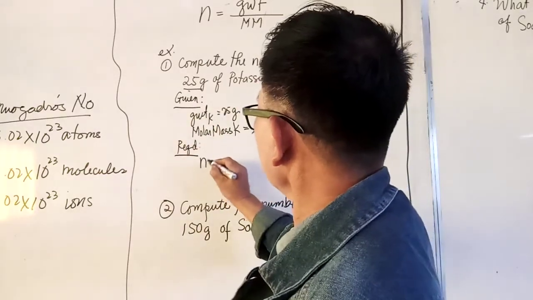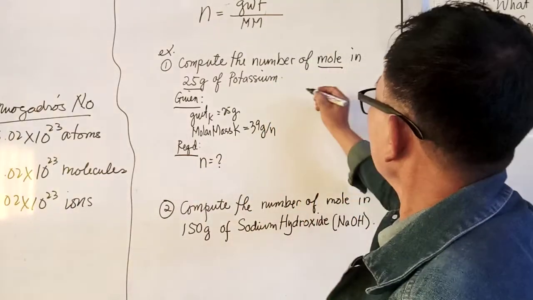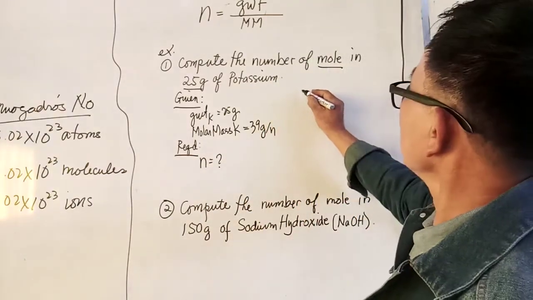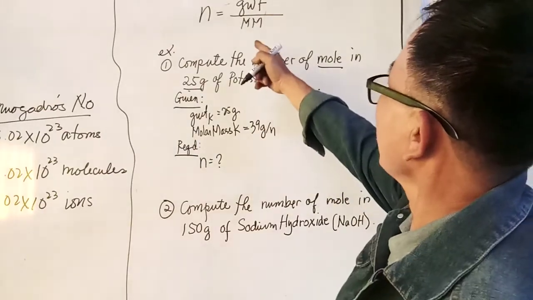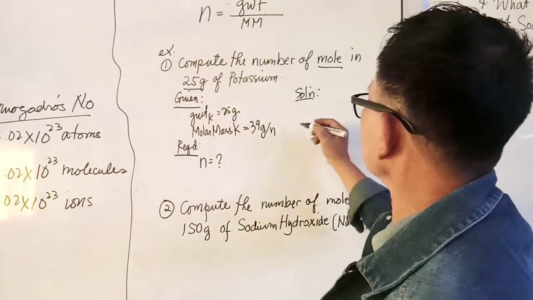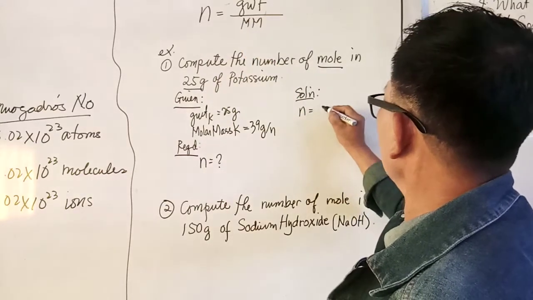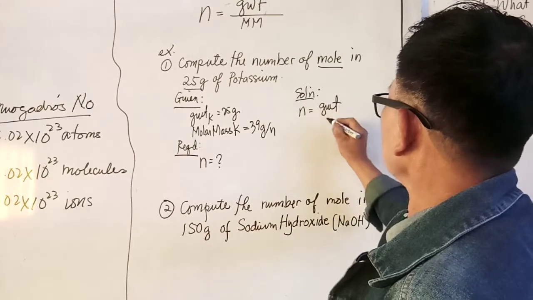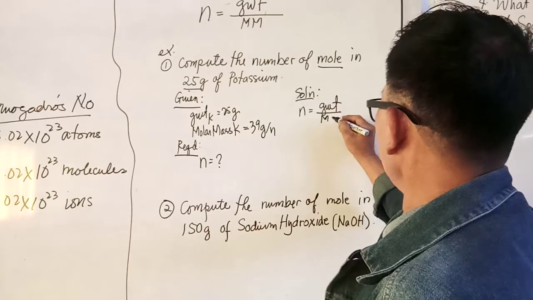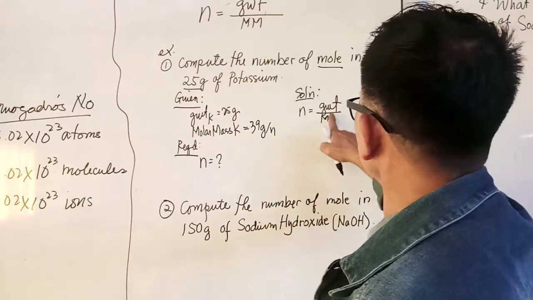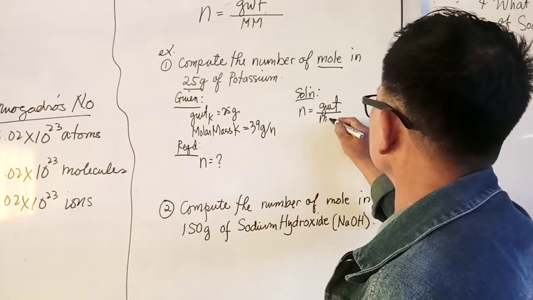That's why n is put as a question mark. For the solution, you have to use the formula, and this is a direct substitution. N is equal to the given weight divided by its molecular weight or atomic weight. In this case, we are referring to its atomic weight, which is also known as the molar mass.